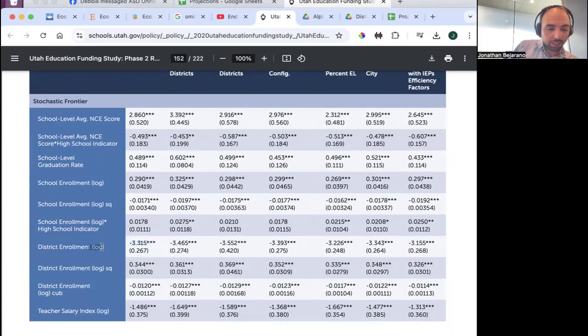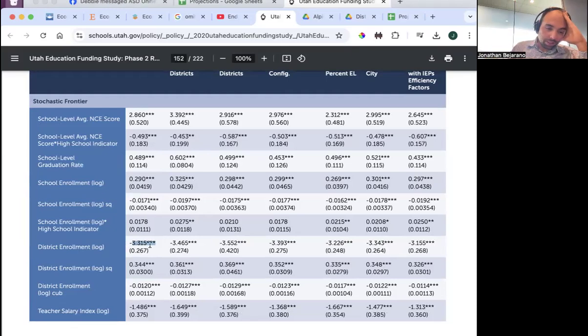And since it's a log, a log squared, and then a log cubed, you can see right here, this is the larger term. So it has a higher coefficient, but it is a nonlinear relationship, meaning the cost is going to change at a much higher rate than just multiplying by 2.